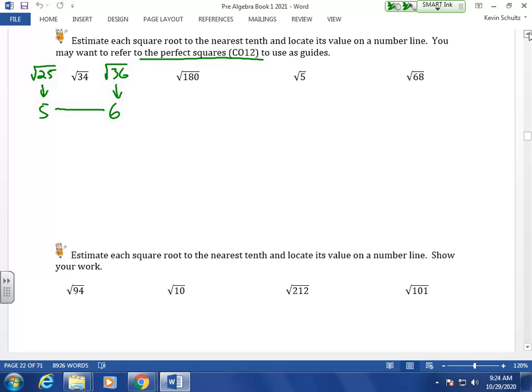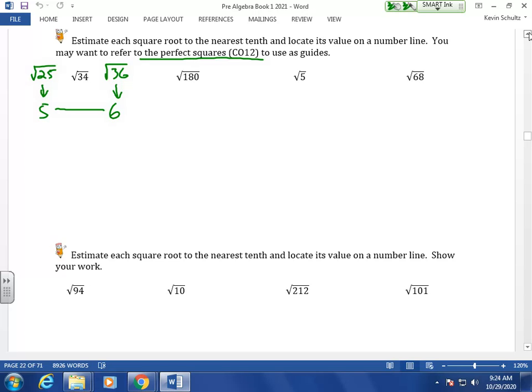It's going to fall somewhere within that range between 5 and 6. Okay? So now our question becomes where? Is it right in the middle? Is it going to be 5.5? Is it going to be 5.1? Is it going to be 5.9? How can we tell where in this range of between 5 and 6 the root 34 is going to be? Aiden?